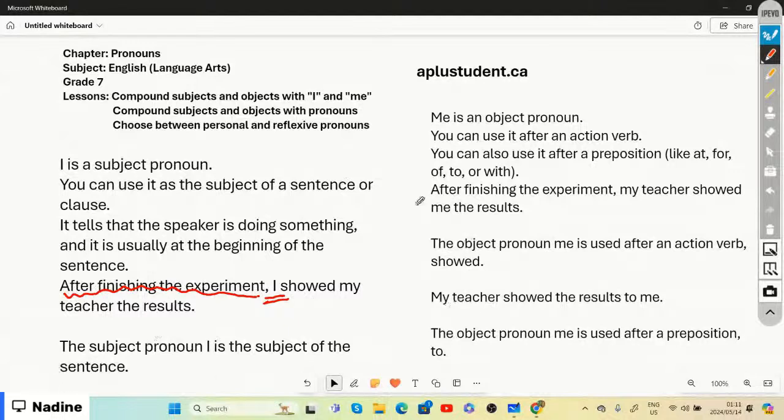All right. So then we also have the object pronoun me. We have I as a subject pronoun, and then we have me as the object pronoun.